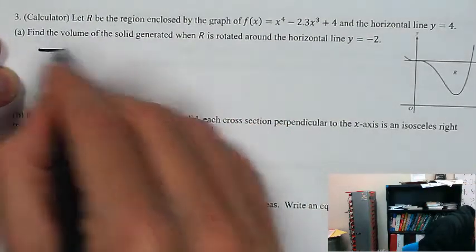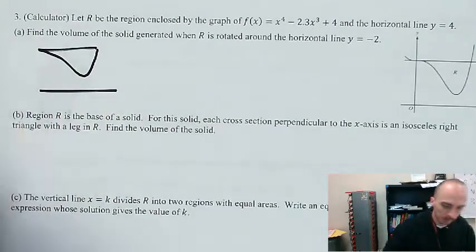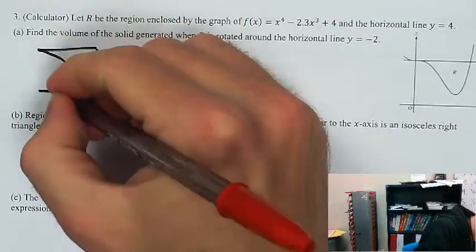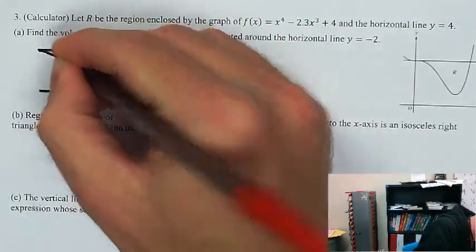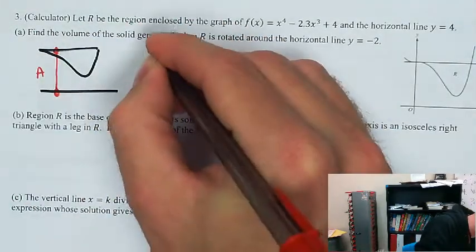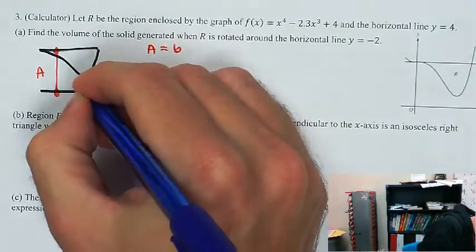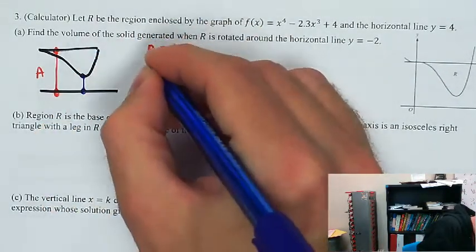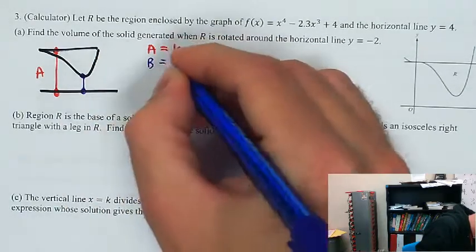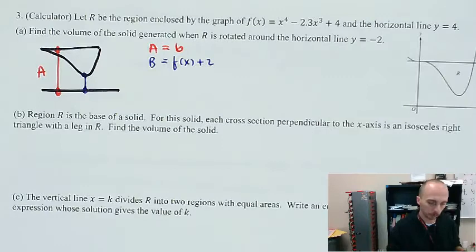Okay. Well, just like always, set up, sketch my region, draw the large radius. That's going to be 4 minus -2. 4 minus -2 is 6. The small radius will be: top is f of x, bottom is -2, so it'd be f of x plus 2.